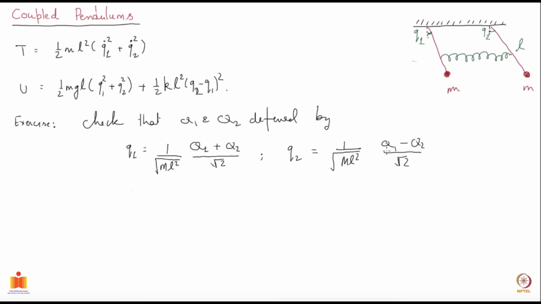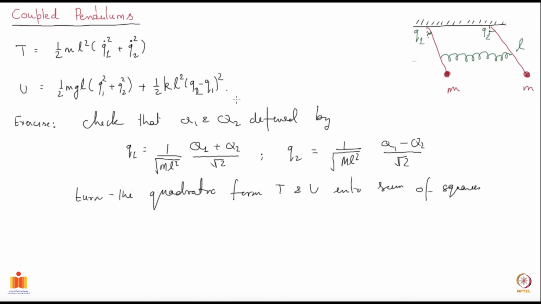Check that Q1 and Q2 defined by these two relations turn the quadratic forms T and U into a sum of squares. All you have to do is put these two definitions in T and U and check that indeed you get a sum of squares.